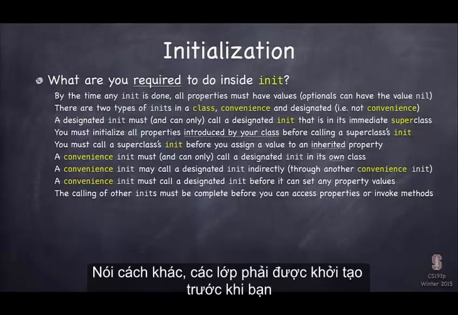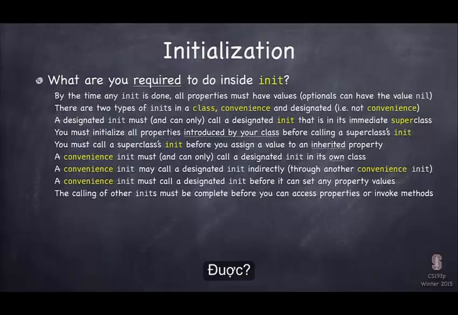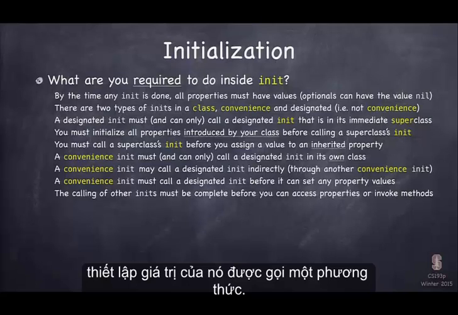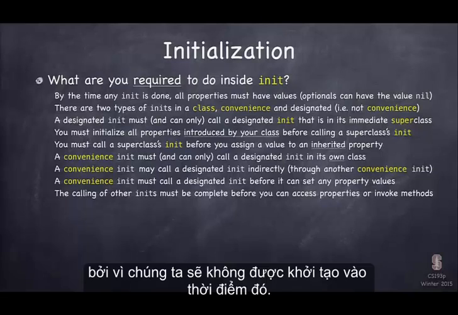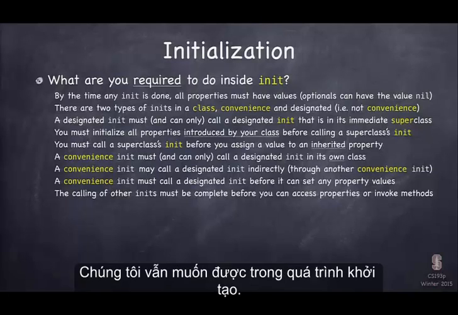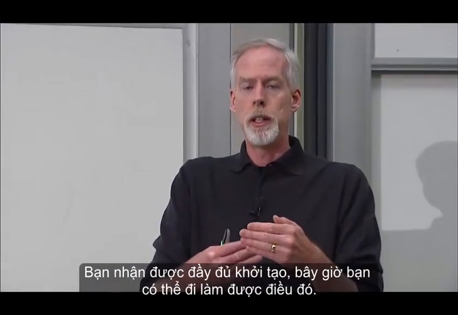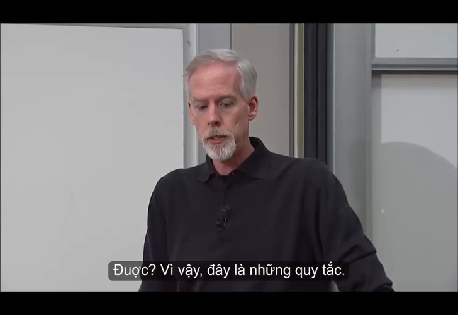In other words, the class has to be initialized before you can start calling methods and properties. That's why we have to use lazy if we want a property to set its value by calling a method, because we can't do it non-lazily, since we wouldn't be initialized at that time. We'd still be in the process of initializing. It's kind of a 2-phase initialization. You get fully initialized, now you can go do that. So these are the rules.